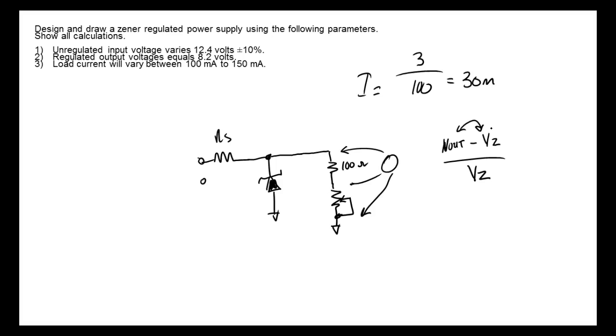Yes or no? So this is the way we calculate percent error. Is we take what we want, right? You understand? And then we subtract that from what we got, or vice versa, depending on which one's bigger. And then we multiply that by 100, and that gives us what we call percent regulation.